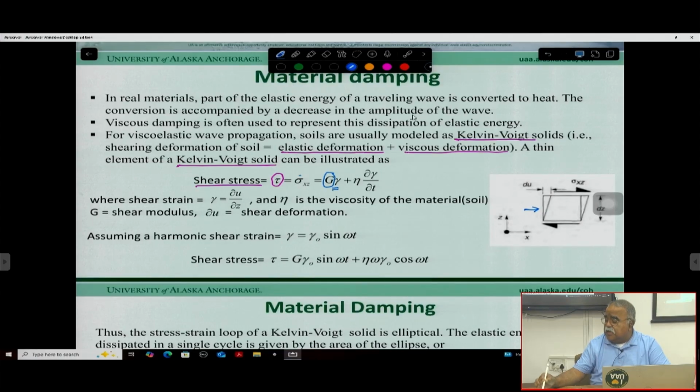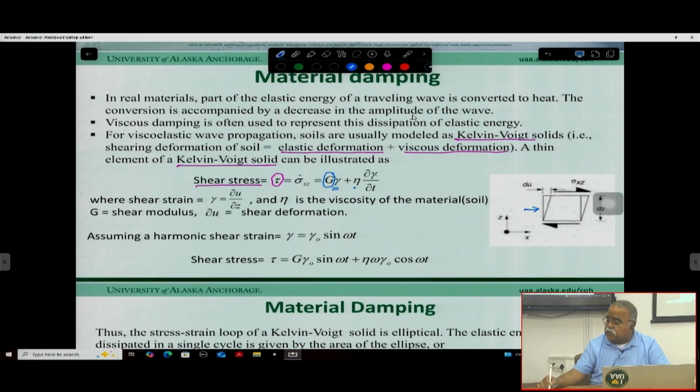There is also a viscous deformation part, and that deformation is eta times d gamma by dt. So that means it is a time dependent part, right? It is the time dependent part of the shear strain, how it changes with time, multiplied by eta, which is called the viscosity of the material.